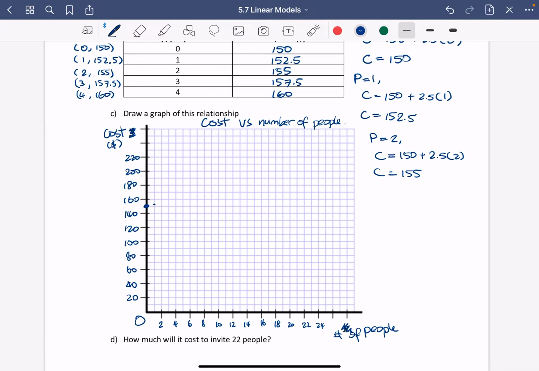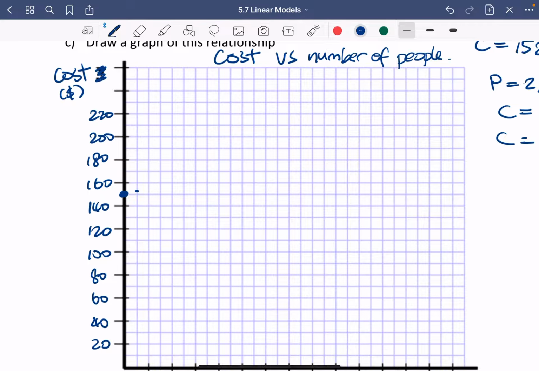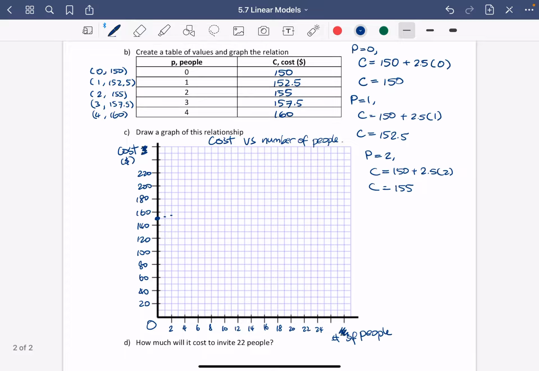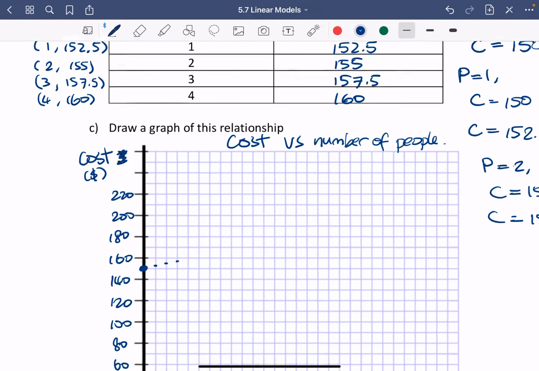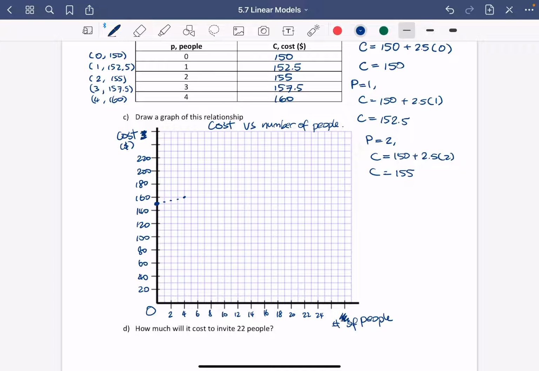And then 2 is 155, so right in the middle. And then 3 is 157.5. And 4 is 160. Okay. Well, like that.